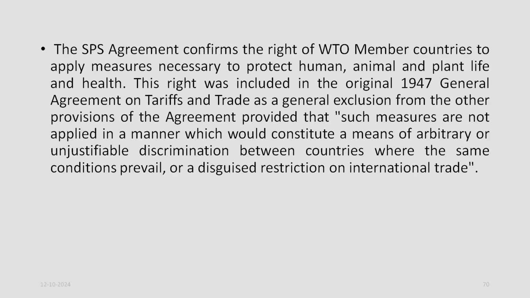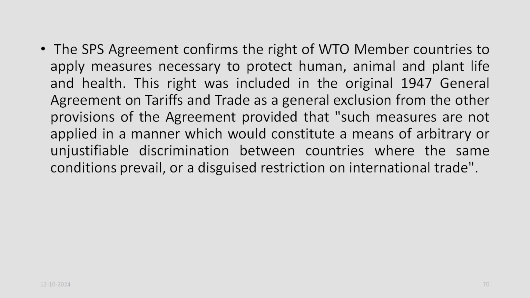The right was included in the original 1947 General Agreement on Tariffs and Trade as a general exclusion from the other provisions of the agreement, provided that such measures are not applied in a manner which would constitute a means of arbitrary or unjustifiable discrimination between countries where the same conditions prevail, or a disguised restriction on international trade.